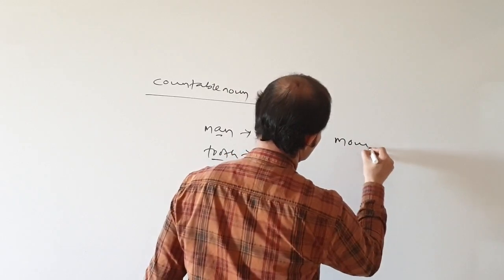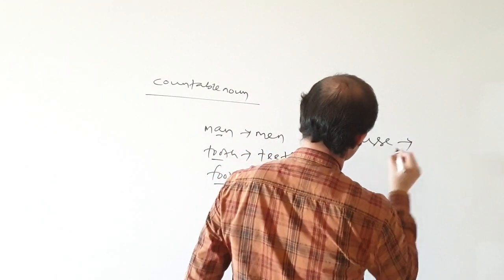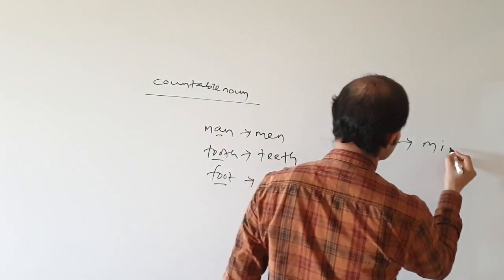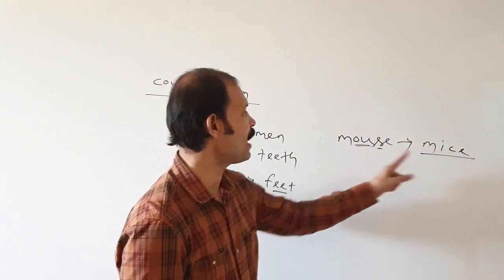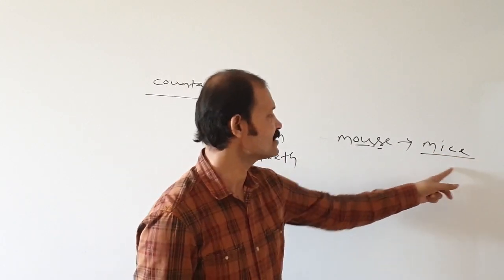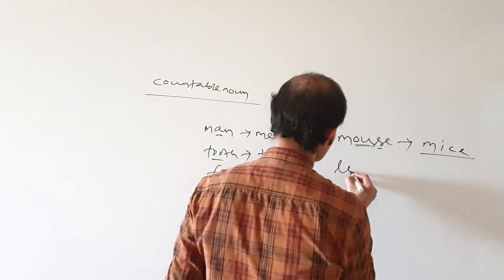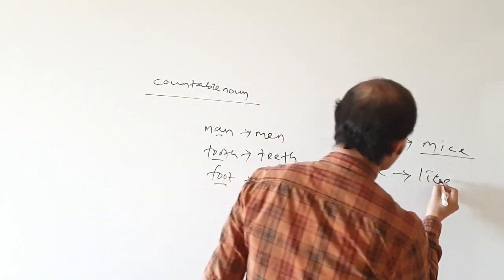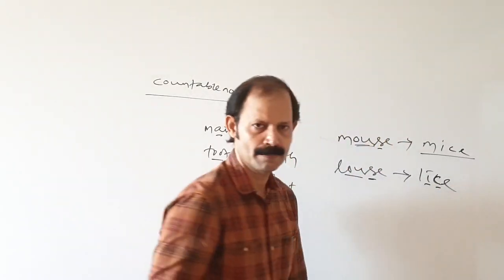Suppose the word is mouse. Then M is there, we change U to I and we change S to C. Then mice is the plural of mouse. Take care, the vowel got changed and the consonant also got changed. This is the way you get the plural. Similarly, louse, L-O-U-S-E, in plural it is lice, L-I-C-E. So in this way, by changing the vowel and consonant, you get the plural.